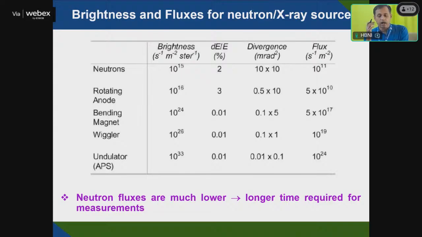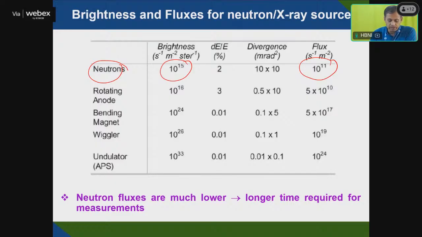You see how the flux and the brightness of the X-ray and neutron compare. As I told in the beginning, the X-ray and neutron give complementary information to each other. The neutron flux is of about 10 to the power 11 order, and the brightness is of 10 to the 15 order per second per meter square per steradian.